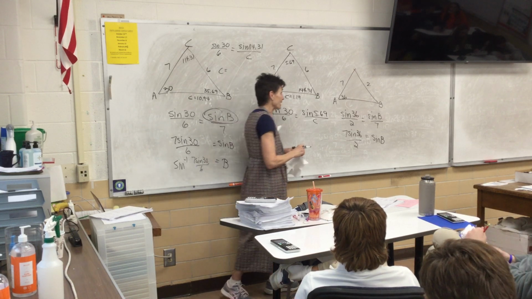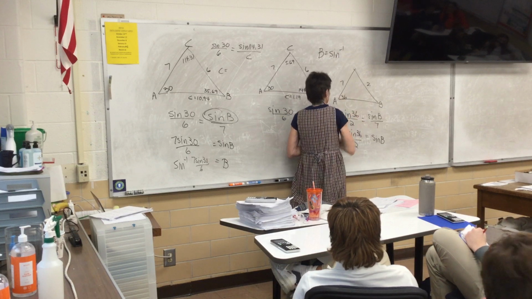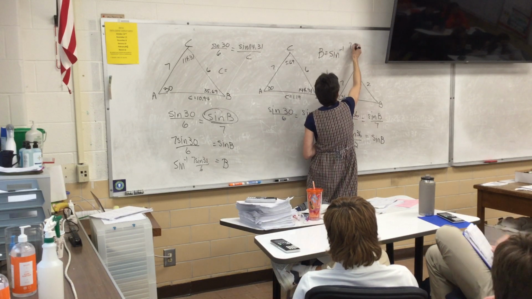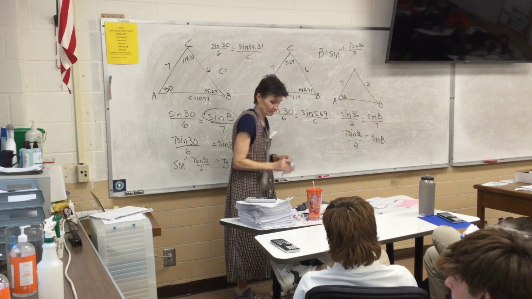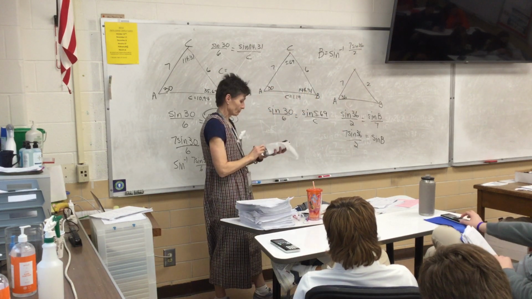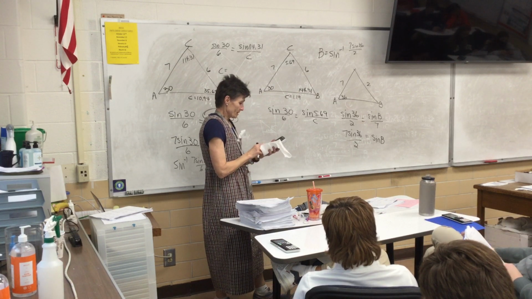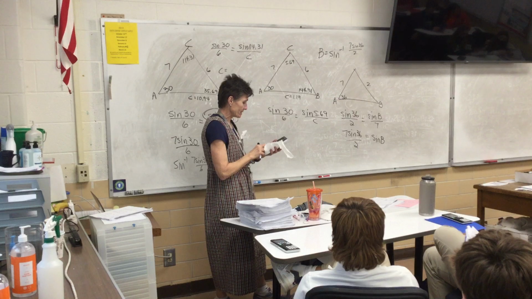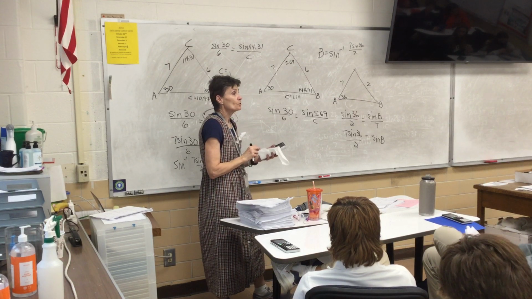And then to find angle B, I'll have to second sine that fraction. What happens when you second sine 7 sine 36 close parentheses divided by 2? You get an error.